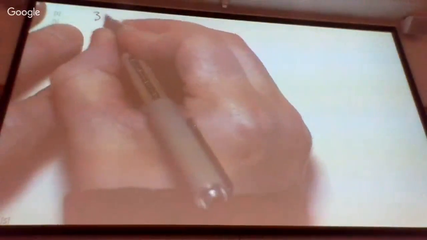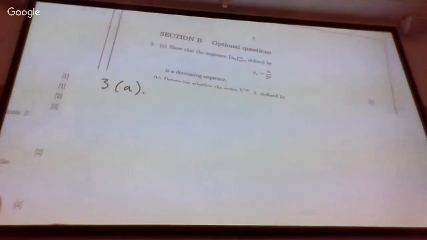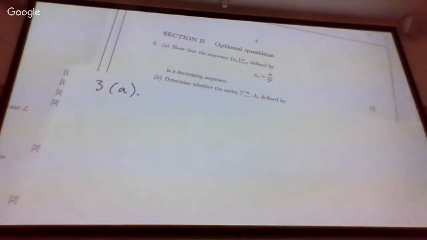In 3 part A, you're asked to show that the sequence is a decreasing sequence.